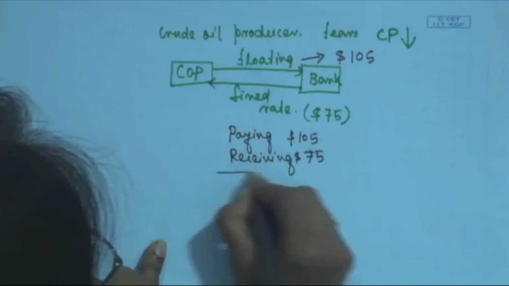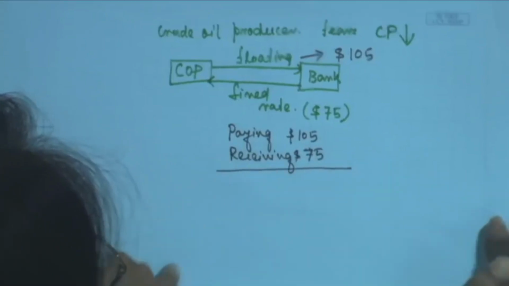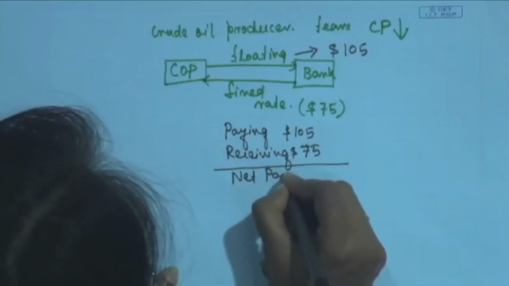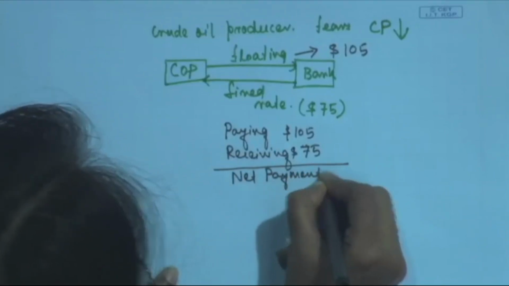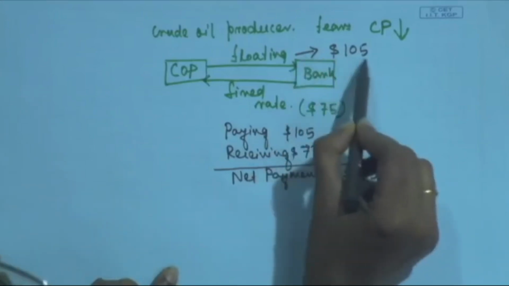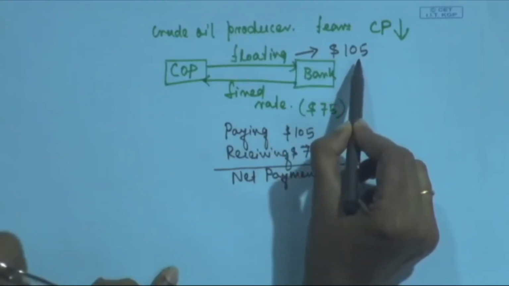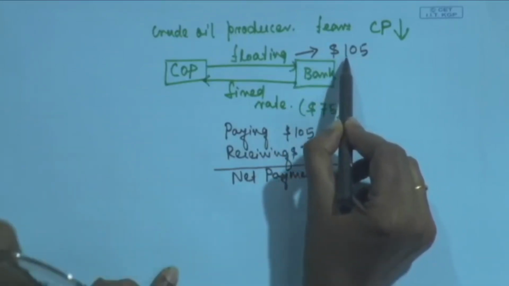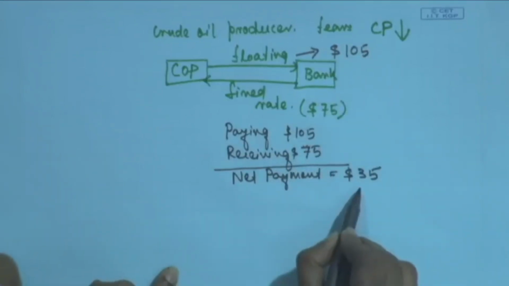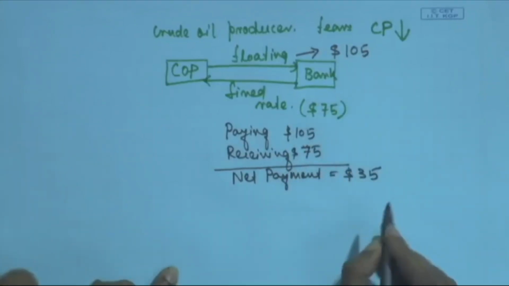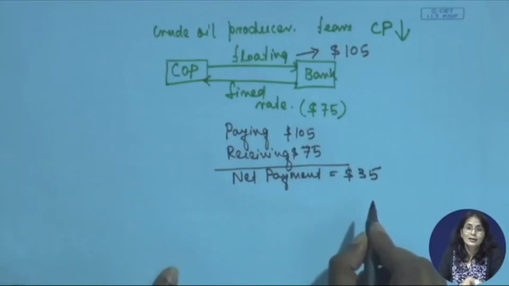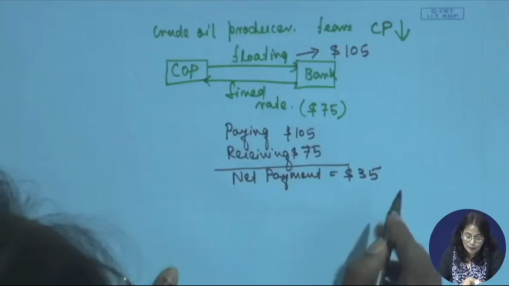So his net payment in this case is $30. So he will be selling crude oil at a higher price, $105 per barrel, but he will also be making a payment to the bank. So his net receipt for every barrel of crude oil he sells will come to $75.